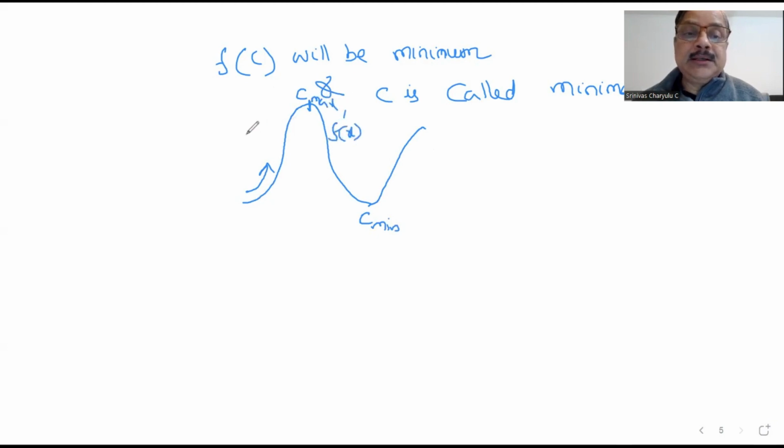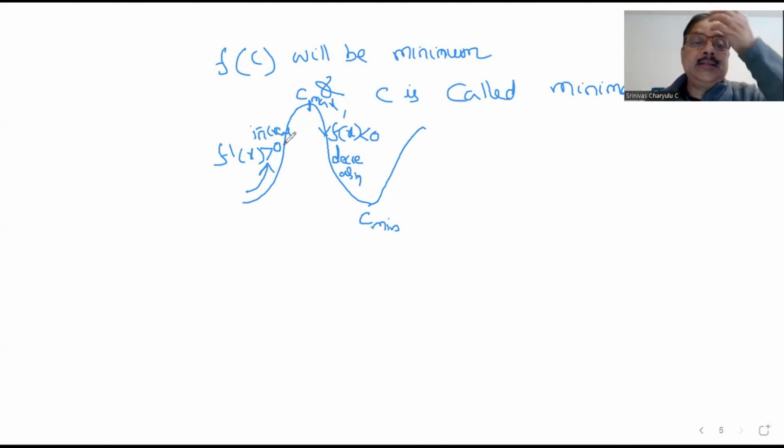Here f dash x will be greater than 0, and here less than 0. f dash x should be greater than 0 here. Here f dash x is less than 0 in this direction when you are traveling. Decreasing, this is called what? Decreasing. Here this is increasing. Increasing function, decreasing function of the function.